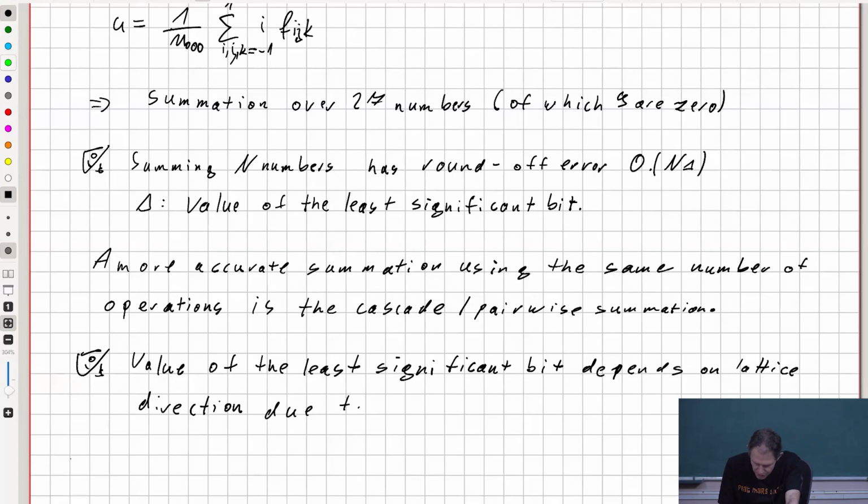Due to the different weights. So say we have D3Q27. There we have the weight for omega 111, W111.